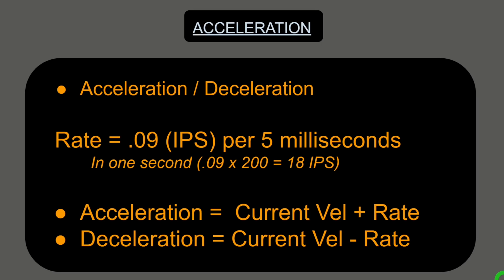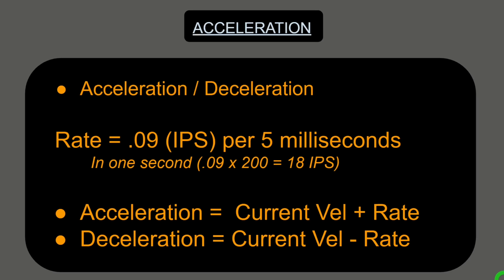Now let's take a look at a somewhat similar example in that we're going to talk about acceleration, deceleration, and the very simple math to do that. But it all starts with understanding what rate of change you want per every time unit. The exact amount right now in the program for the Zoomy is 0.09 inches per second every 5 milliseconds.